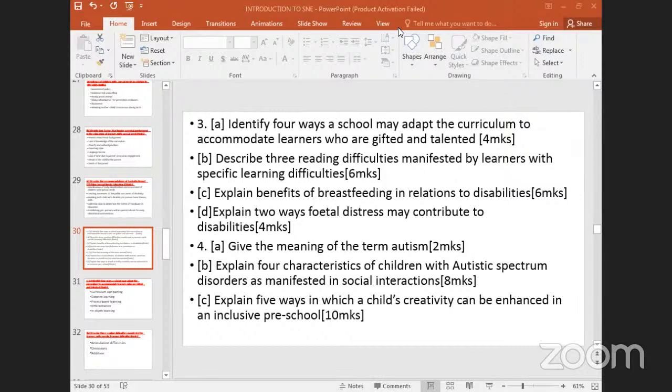Number one, we have articulation. This is a problem of pronunciation, whereby the learner may skip a letter, may also add a letter.